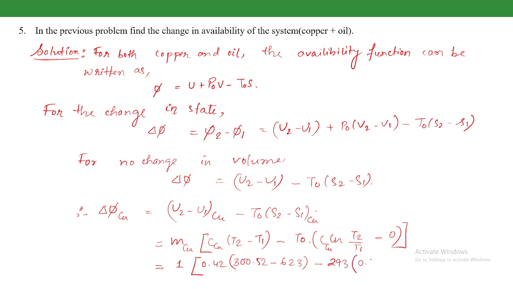This is 0.42 ln of 300.52 by 623. So these values come out to be minus 135.14 minus of 89.71, that is, finally this value comes out to be minus 45.42 kilojoule.